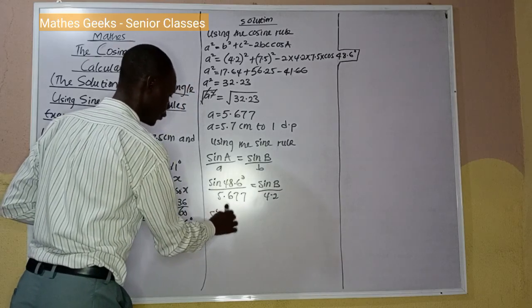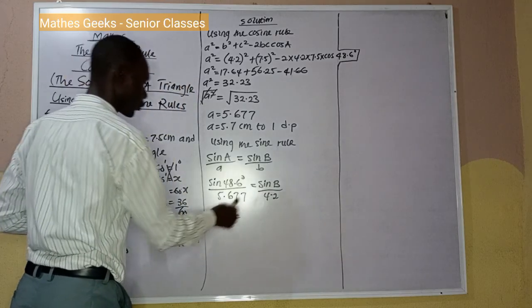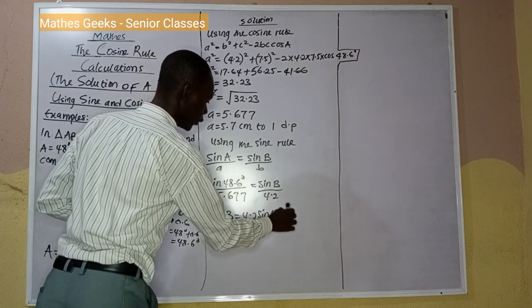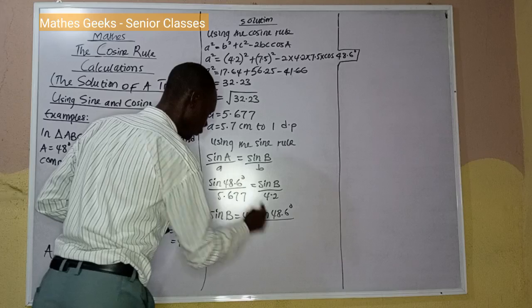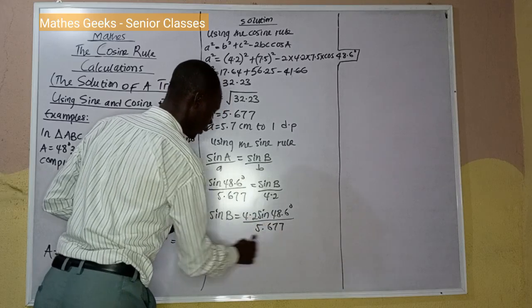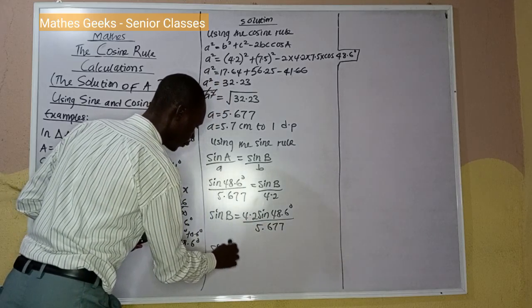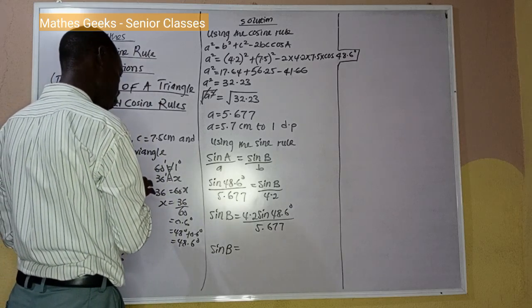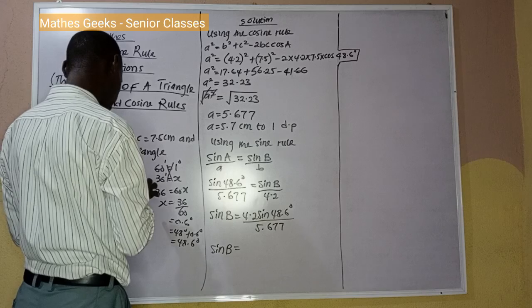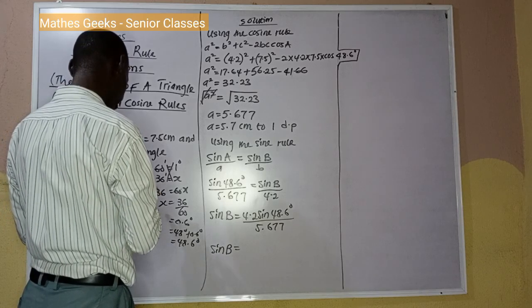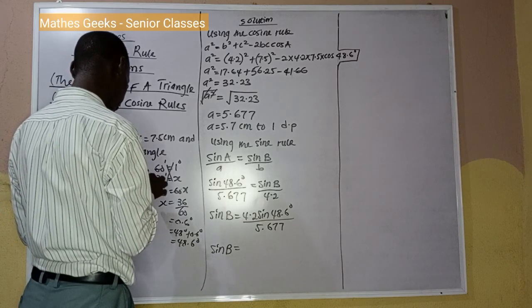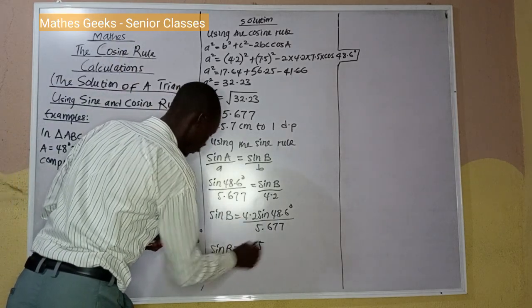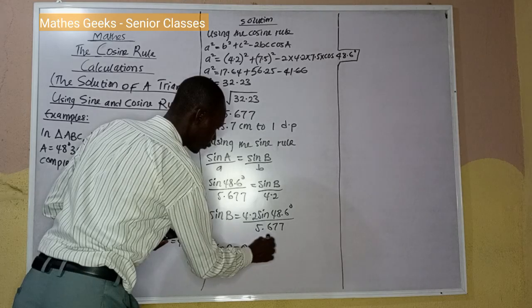So sine B is equal to 4.2 sine 48.6 degrees over 5.677. So sine B is equal to 4.2 sine 48.6 divided by 5.677, which is 0.5550.